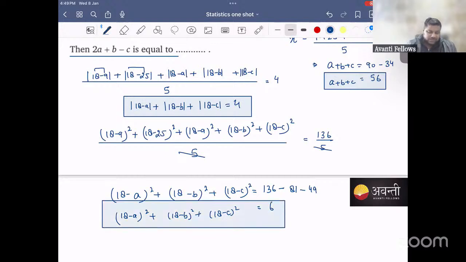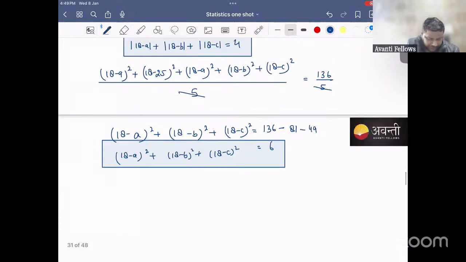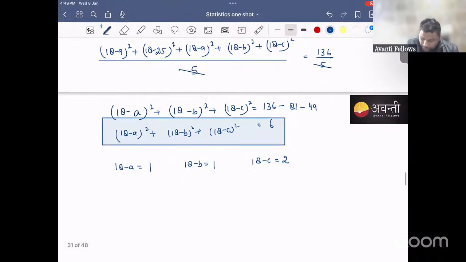Now, using all these values, I have to calculate A, B, and C. Definitely 18 minus A can be 1, 18 minus B can be 1, and 18 minus C can be 2, so that their squares come out to be 6 and their modulus values go to 4. So from this you get A as 17, B as 17, and C as 16.